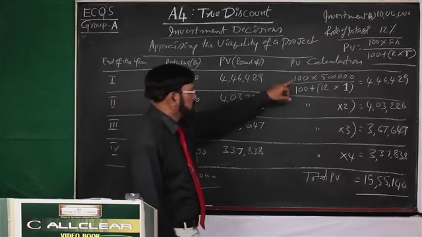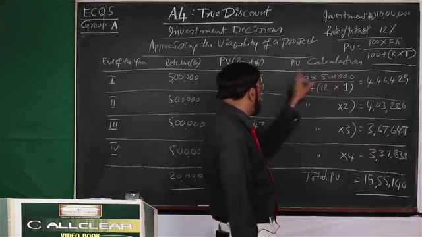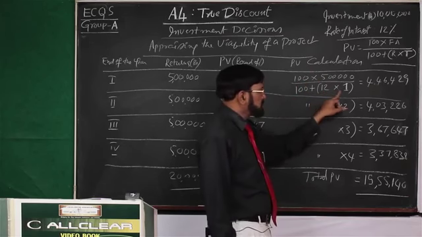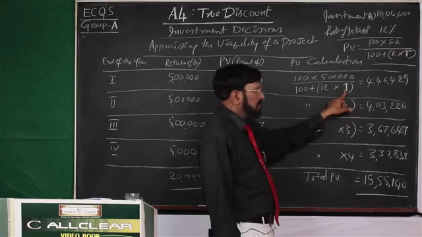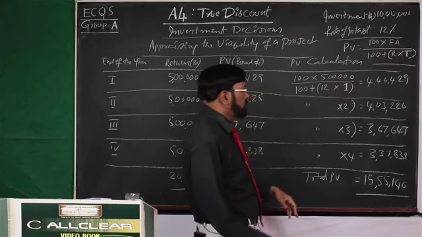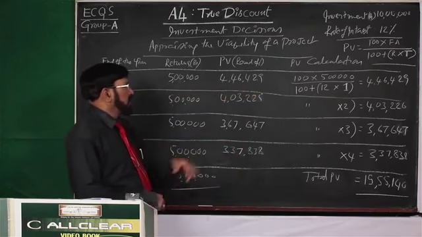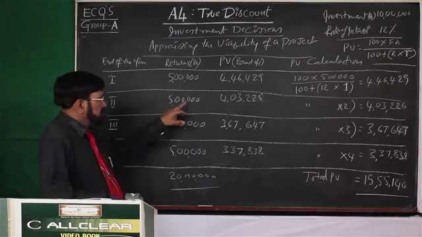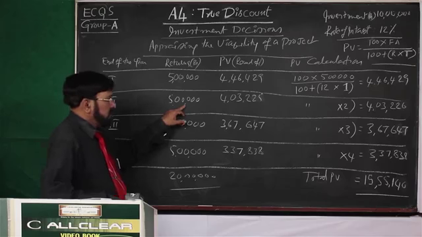Now we see 100 into 5 lakhs by 100 plus 12 rate of interest, 1 year time. Then this is 4,46,429.